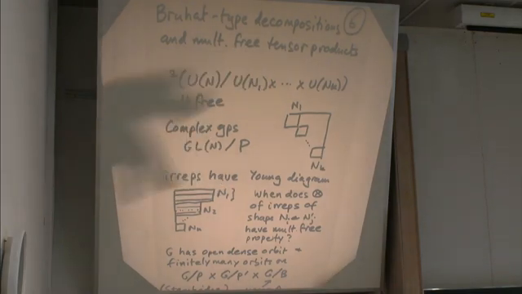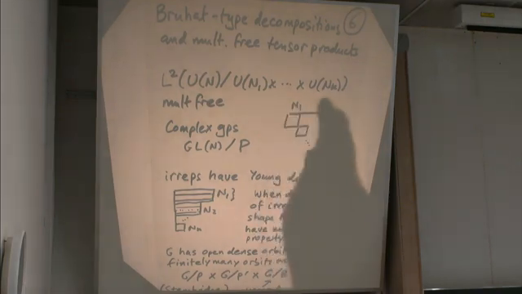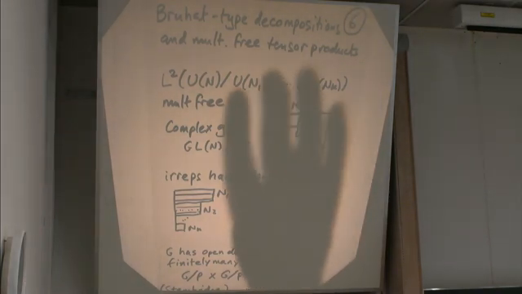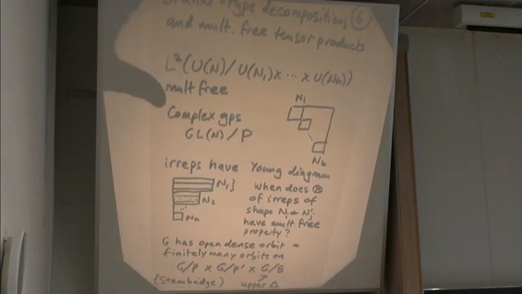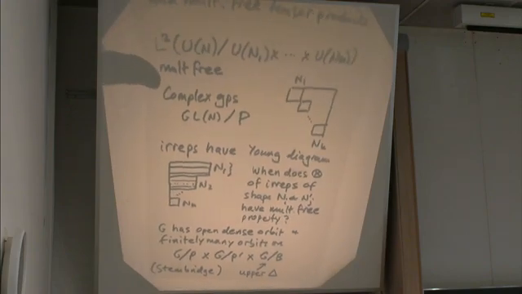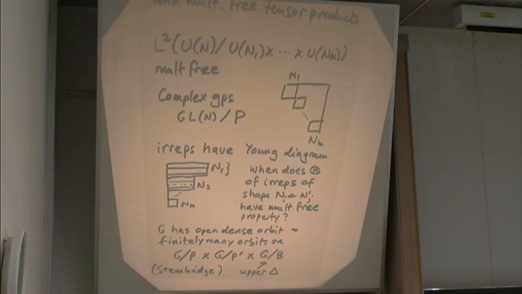And for these groups, you have this P, where P must stand for something parabolic. And that's just increasing the group to an upper triangular group. That will give you your parabolic group. And then you can ask the question, when do tensor products of irreducible representations of this shape and then another shape, n prime, have multiplicity?